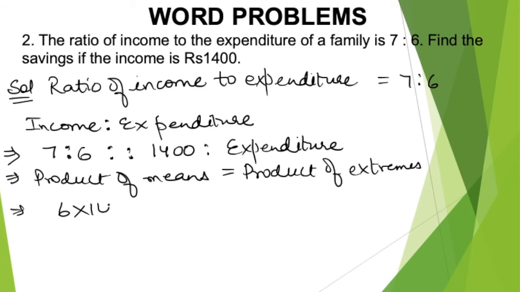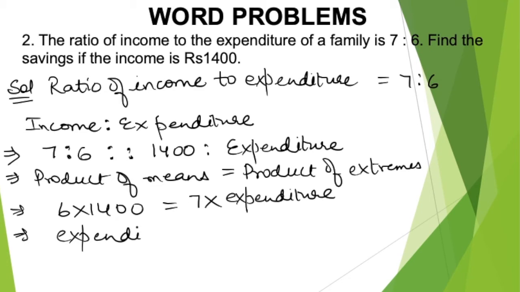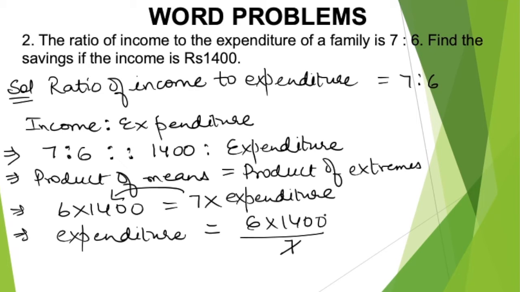Now here the mean terms are 6 and 1400 and the extreme terms are 7 multiplied by the expenditure. When we solve these, we'll get the value of expenditure. For this, we need to bring 7 on this side, and from multiplication, it will change to division. Now clearly, we can cancel 7 and 1400, and 6 multiplied by 200 means the answer is rupees 1200.